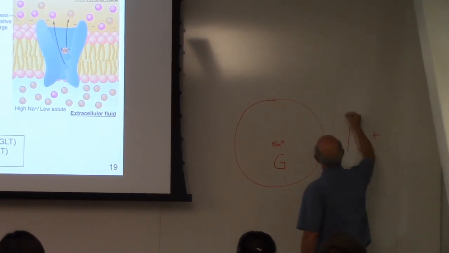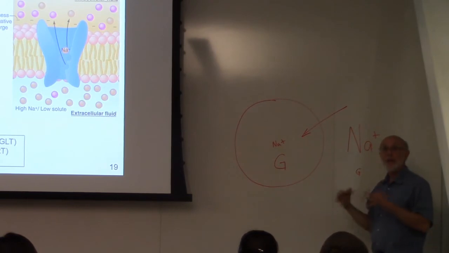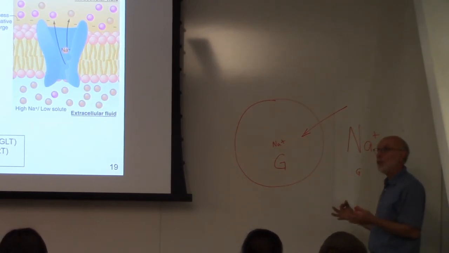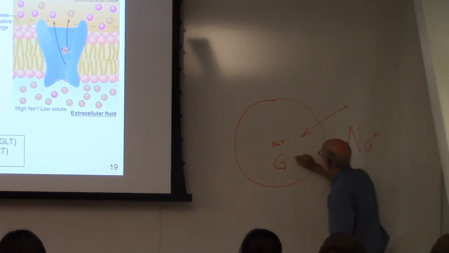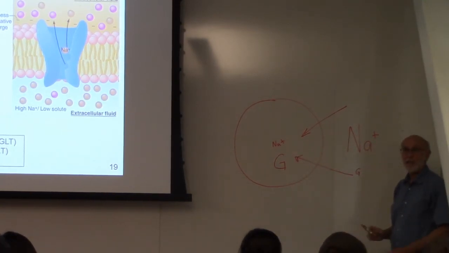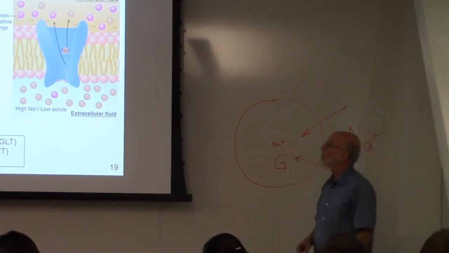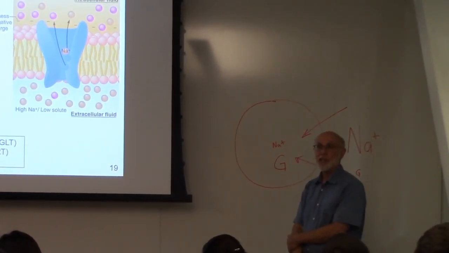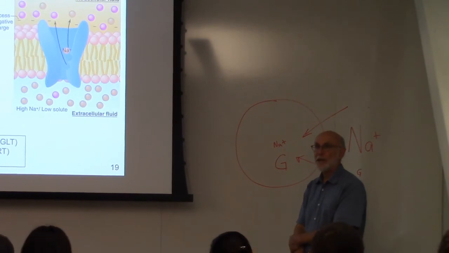By sodium going down its concentration gradient, the energy of that downhill flow of sodium is harvested by this protein to move glucose up its concentration gradient. And are there protein conformational changes in this story? For sure. Binding and unbinding? For sure. All that stuff is there in this protein.